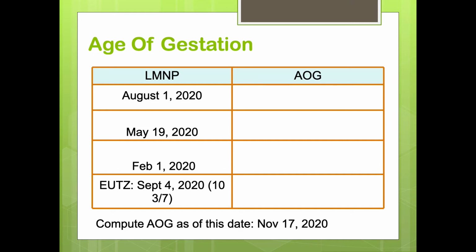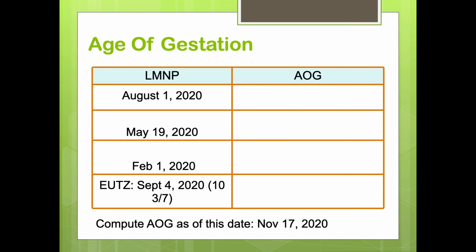Okay, let's do it again. For May 19, 2020. Okay, so May has 31 days. So 31 minus 19. Okay, and then you add in the remaining days. Add the days of June, July, August, September, October until November 17. So plus 17 days for November, divided by 7 days, that would be 26 weeks.